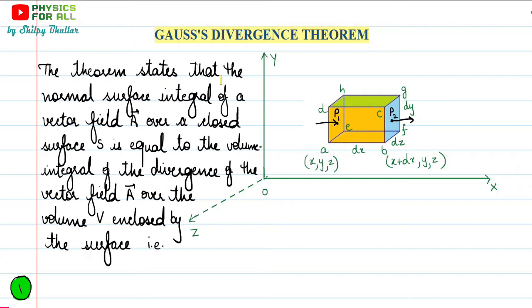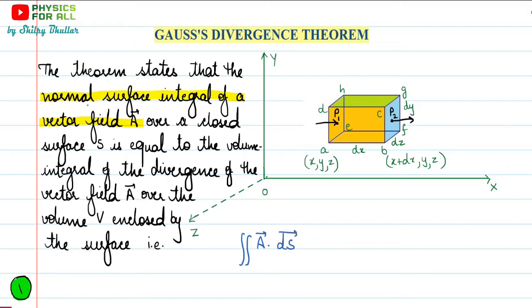The theorem states that the normal surface integral of a vector field A. What is the meaning of the normal surface integral of a vector field A? How do we write the surface integral of a vector field? When we talk of surface integral, two dimensions are involved, so there would be a double integral, and then we write it as A dot ds.